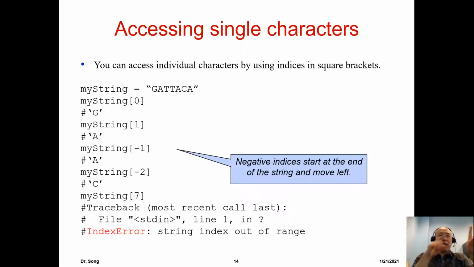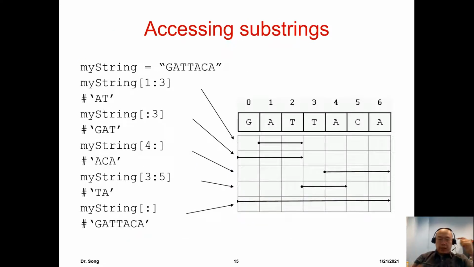So 0 and then go on to +1, or -1 and -2, -3 all the way to the left side. If you want to access a substring, in Python this is called slicing. In slicing you use the square brackets and specify where to start and where to end. The start point is included. The end point is excluded.